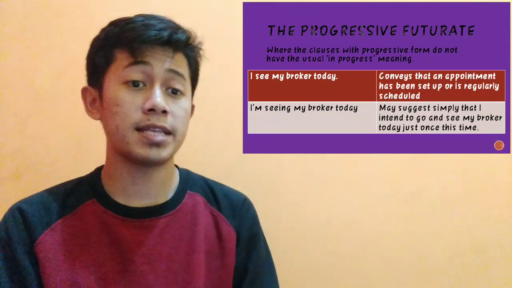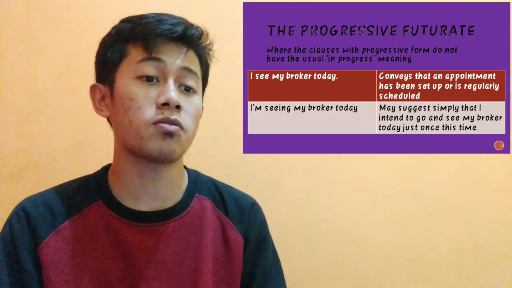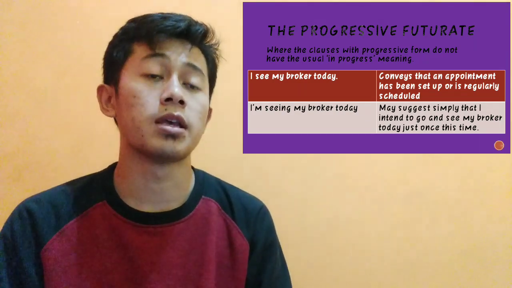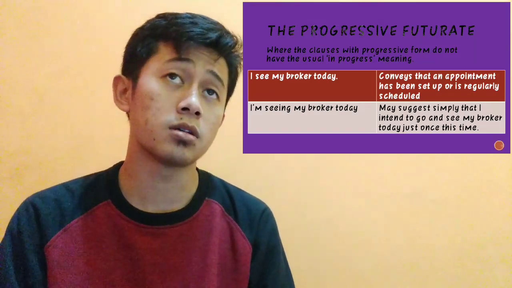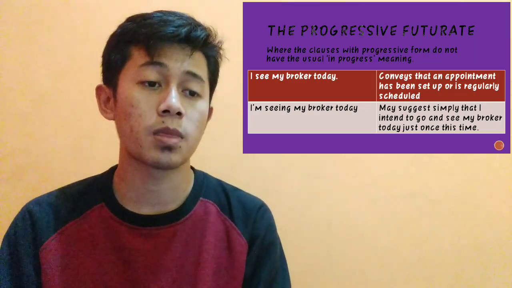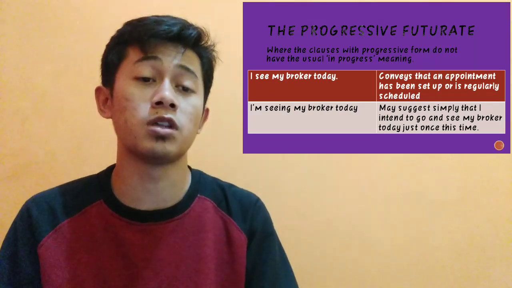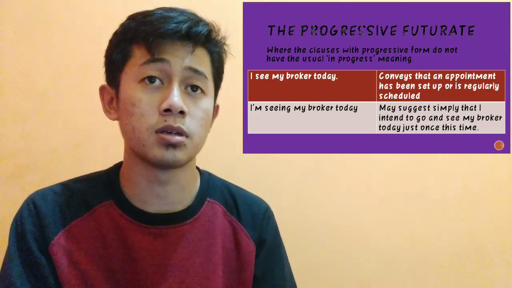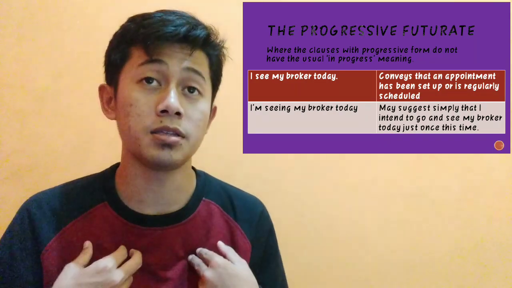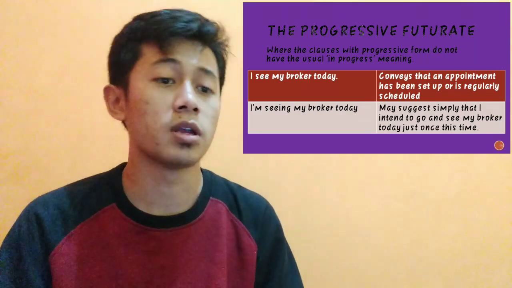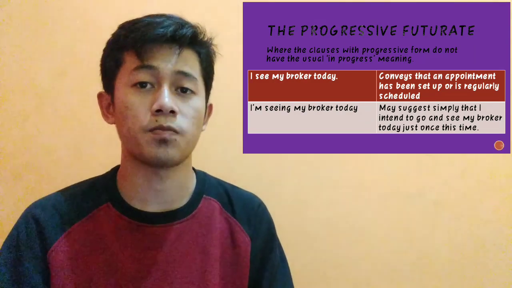The sentence I see my brother today conveys that an appointment has been set up or is regularly scheduled. It means the subject has set up an appointment to see the brother, that I will see my brother today, or it is regularly scheduled.